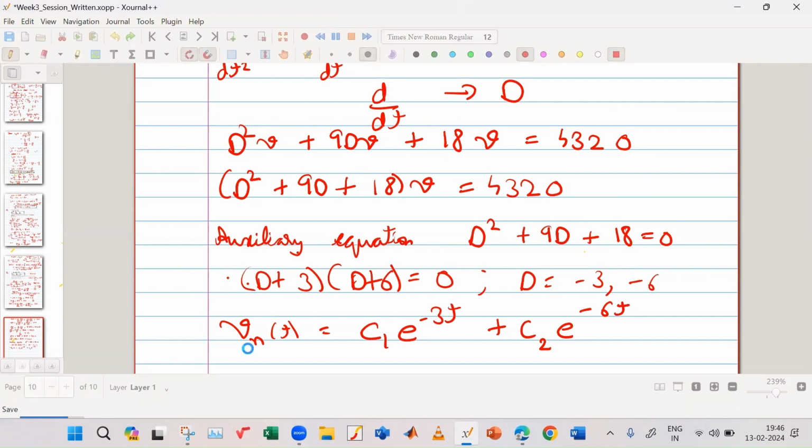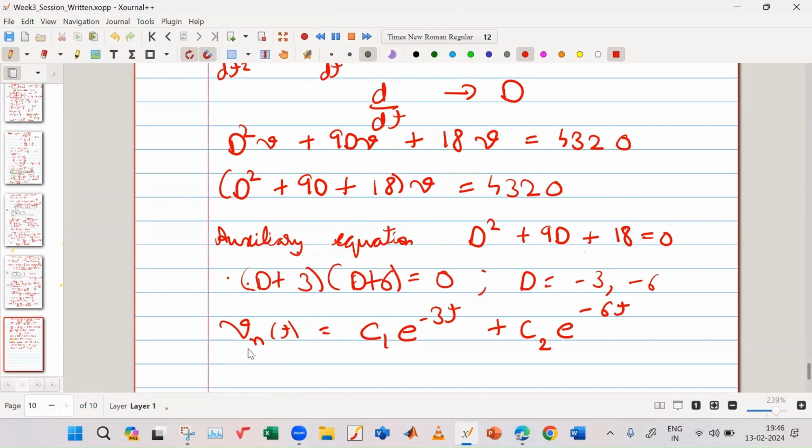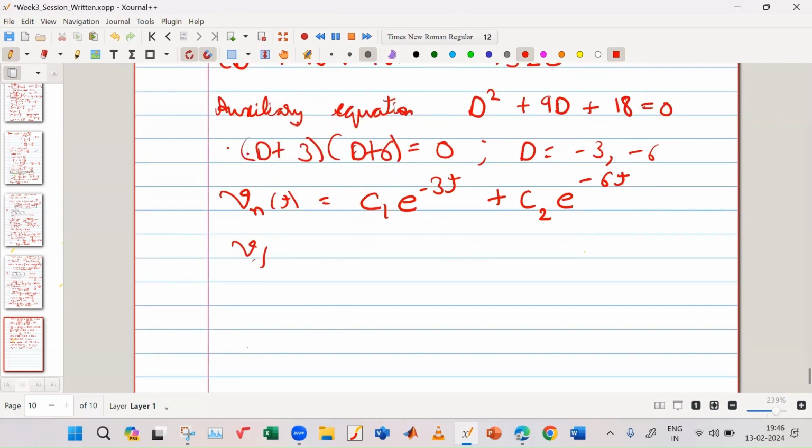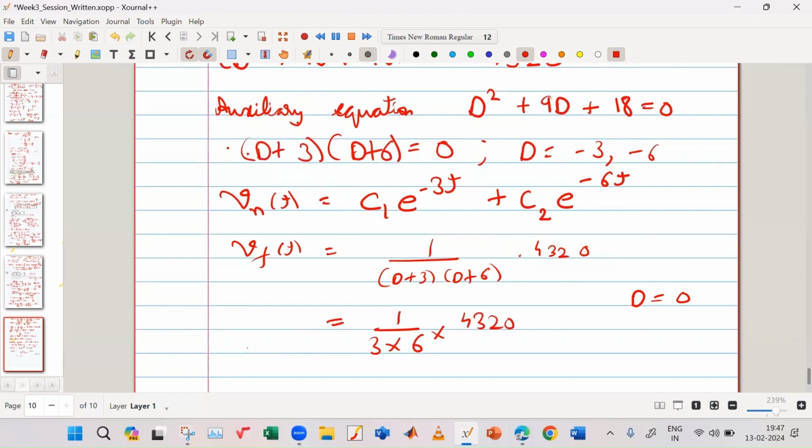Now we have to find the forced response. So my forced response Vf of t is equal to 1 upon D plus 3 into D plus 6 into 4320. Now we have the shortcut, we put D equal to 0. So we get 1 by 3 into 6 into 4320.